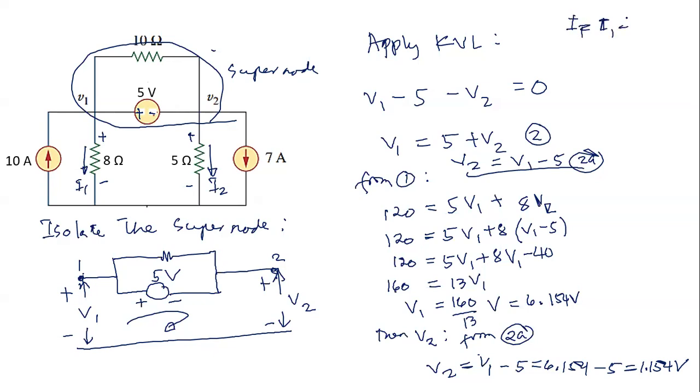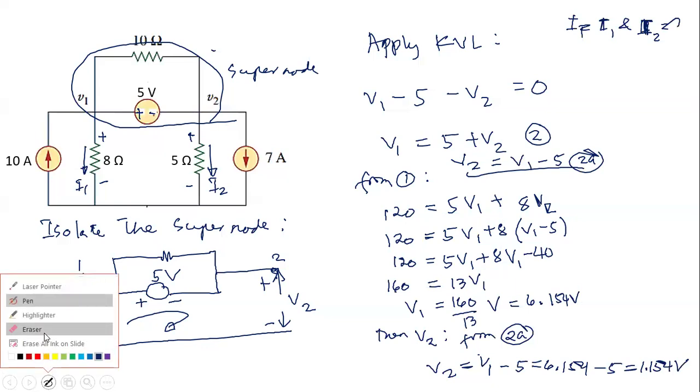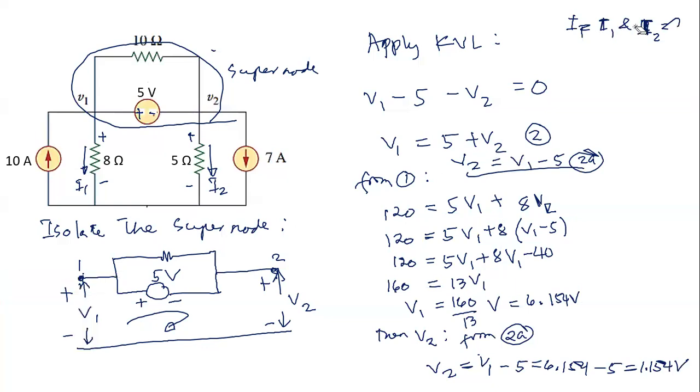Then, if we continue, I1 and I2 are also unknown. So we'll just use Ohm's law. We're going to substitute the values of the nodal voltages and the resistances to solve for the currents. So I1 and I2 are unknown.